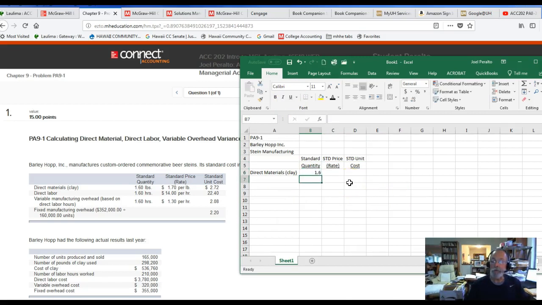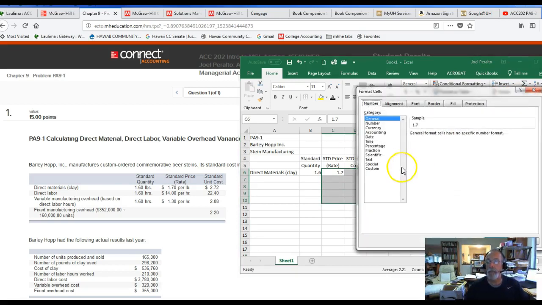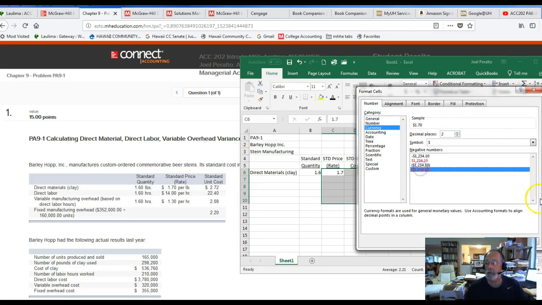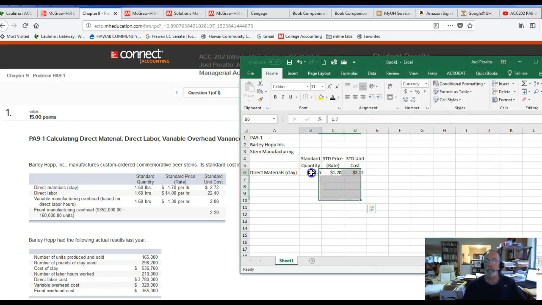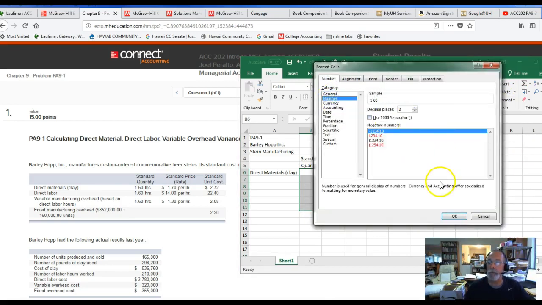So that's 1.6 pounds. This is $1.70 per pound and $2.72, and these two amounts are dollars, formatted as dollars, whereas this amount should be formatted as a number.